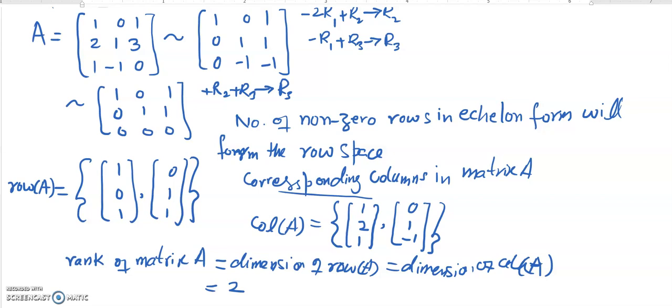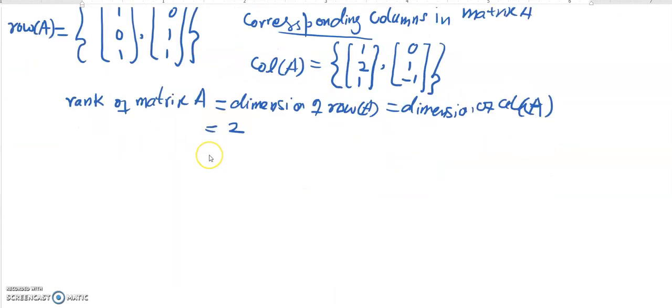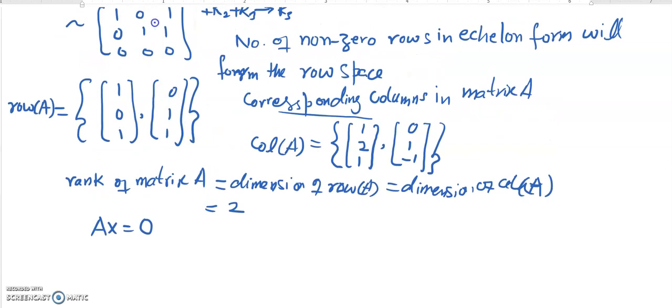So what does basis of nullity mean? As we have also done it before, the nullity is calculated from this relationship: Ax is equal to 0. That means we consider the homogeneous situation. In this homogeneous situation, what we get over here is 1 0 1 and 0 1 1. This was the echelon form.